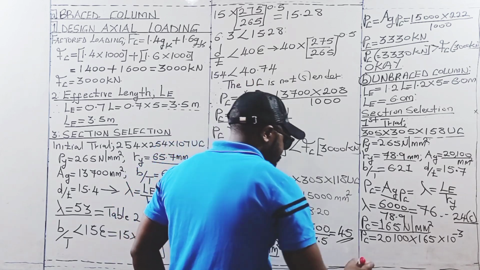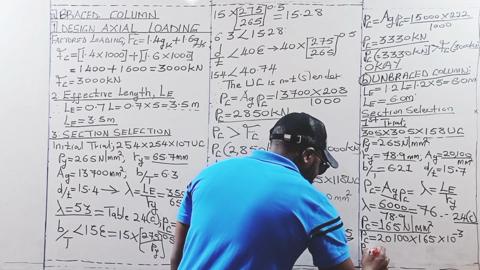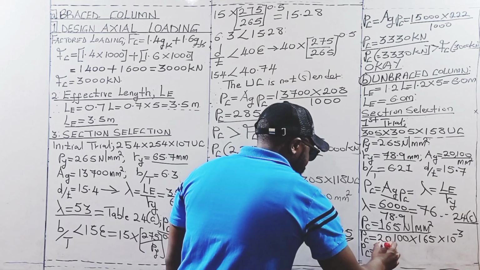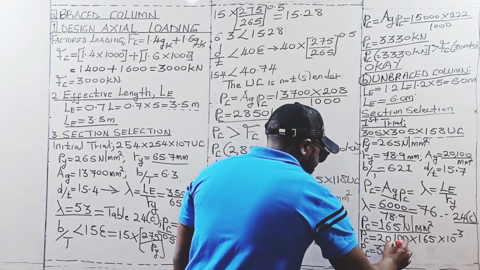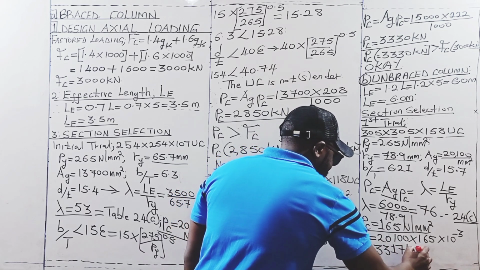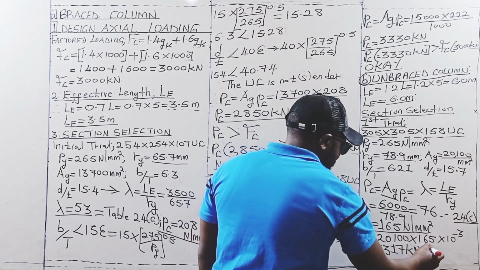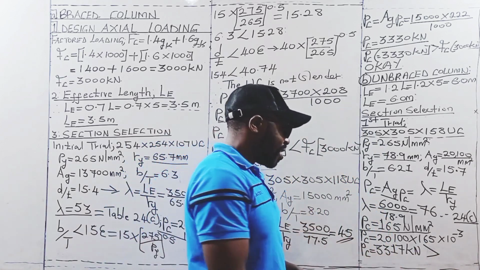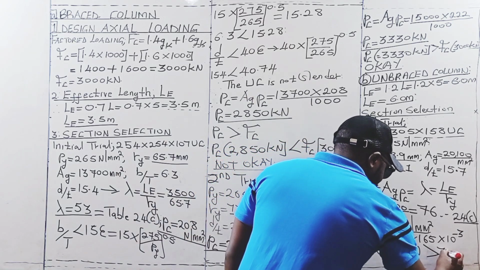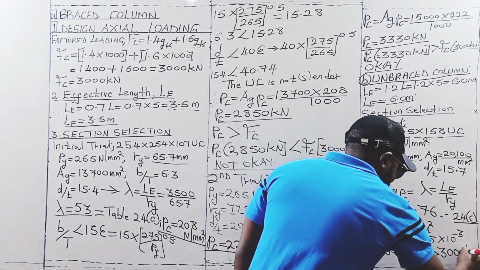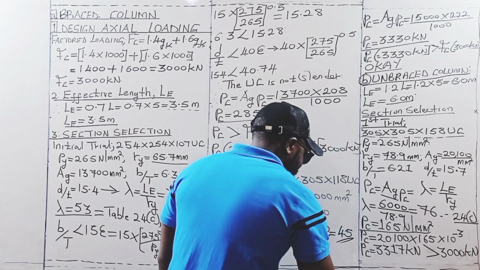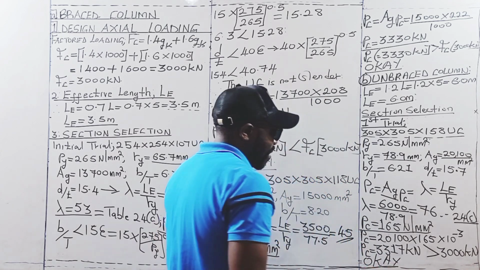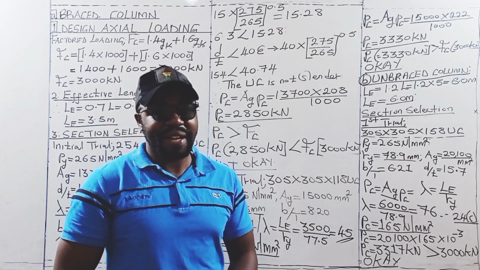And when we do so, we are going to have a compressive resistance of 3,317 kilonewtons. So when we compare this with Fc, we will find that 3,317 kilonewtons is greater than Fc, which is 3,000 kilonewtons, and therefore it means that the section we have selected is okay. So that is when the column is unbraced.